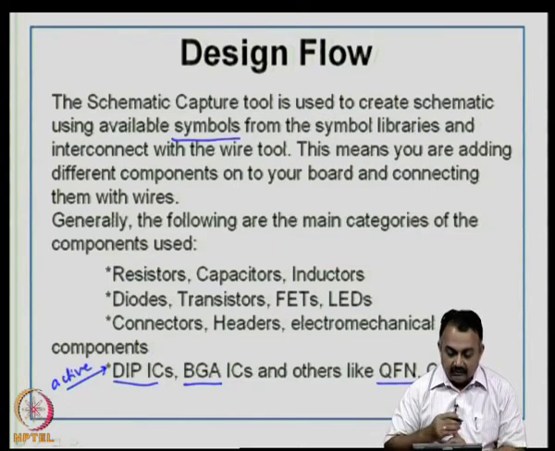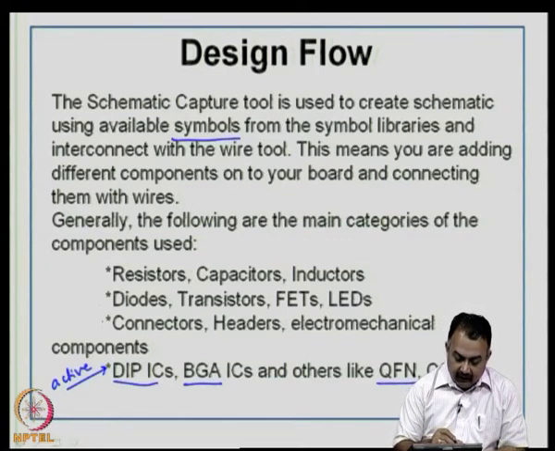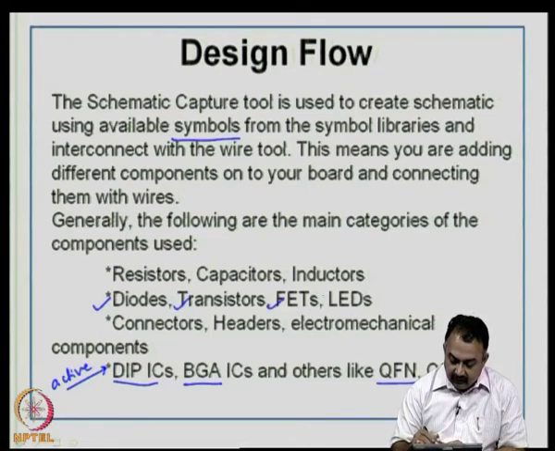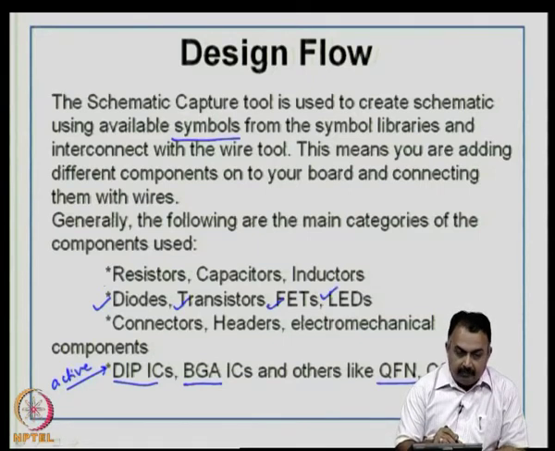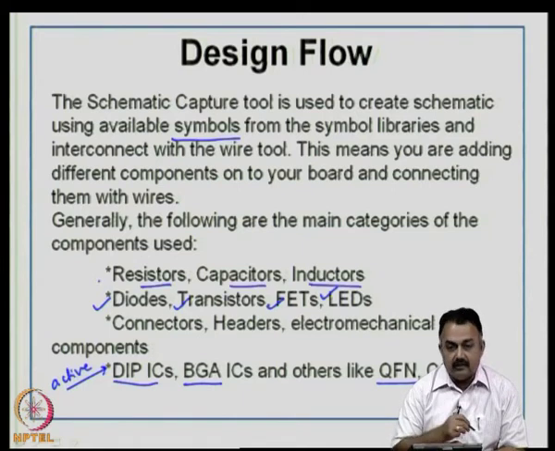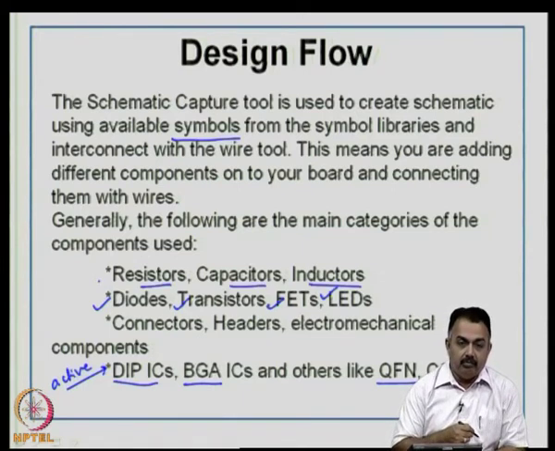You will bring them onto the schematic screen, and then you will add the other devices like the diodes, transistors, FETs, light emitting diodes and so on. Then come the passive devices, resistors, capacitors, inductors, which are again very important.